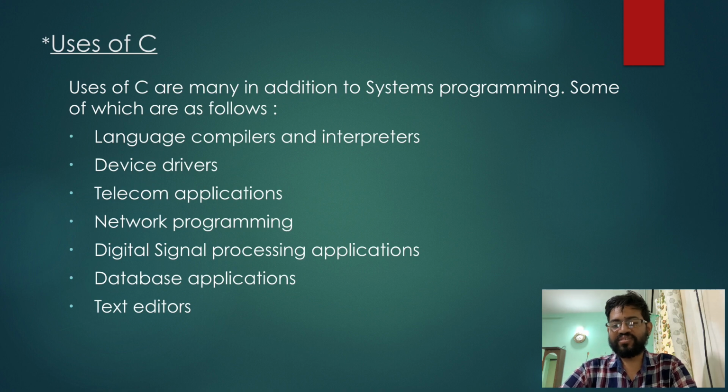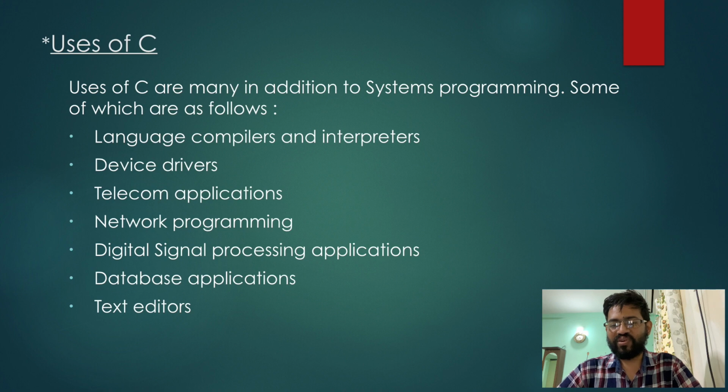So, uses of C language. There are many uses of C language. Let us look at a few important uses. Uses of C are many in addition to system programming.